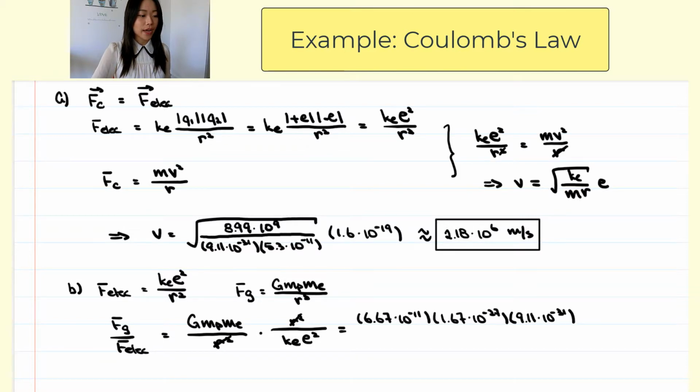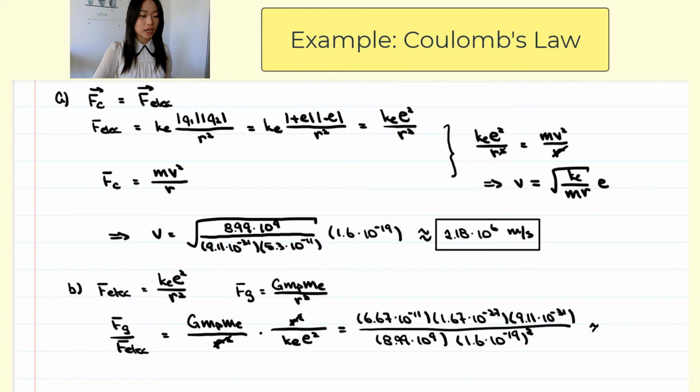Then divided by Coulomb's constant times e squared. Coulomb's constant is 8.99 times 10 to the power of 9, and e is 1.6 times 10 to the power of negative 19, squared.